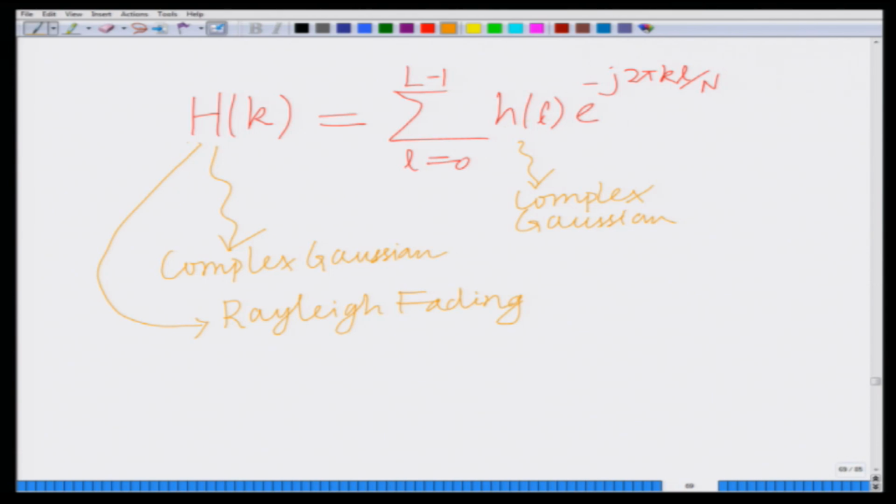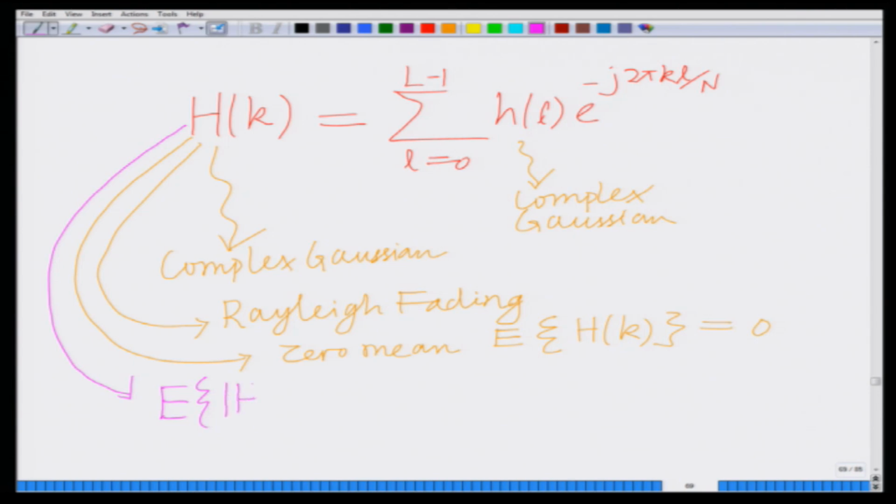Each of the small h l has zero mean, which implies H k is also zero mean, that is, the expected value of H of k is equal to 0. Further, each of the small h l are uncorrelated, therefore, it follows that the expected value of magnitude H k square is equal to the summation over l equal to 0 to L minus 1 of the expected value of magnitude h l square times magnitude e power minus j 2 pi k l over N whole square, which is 1 anyway.